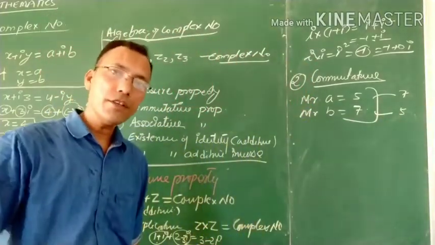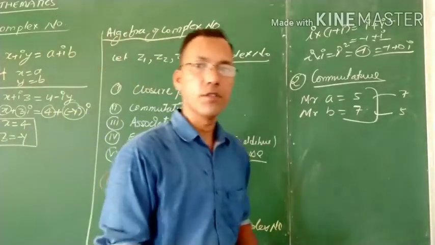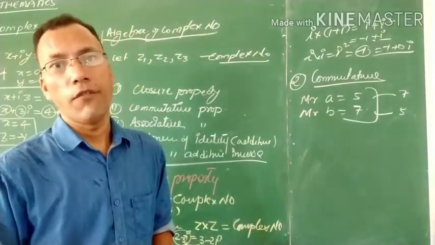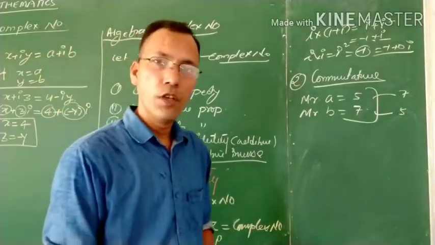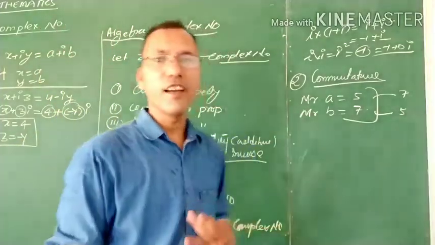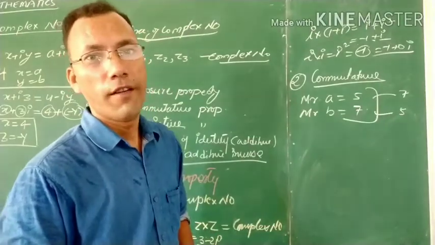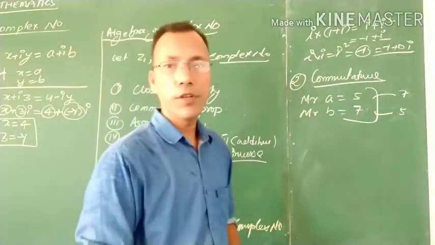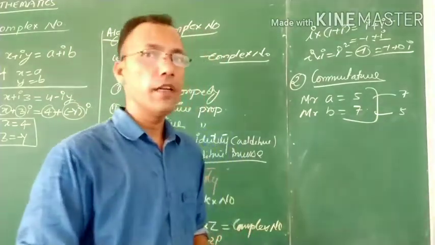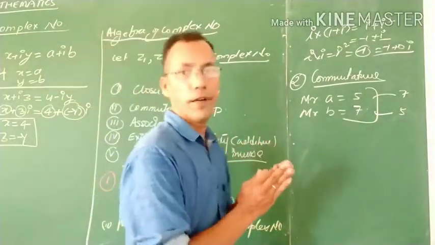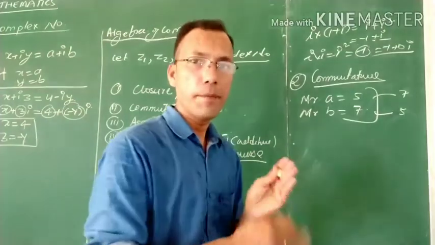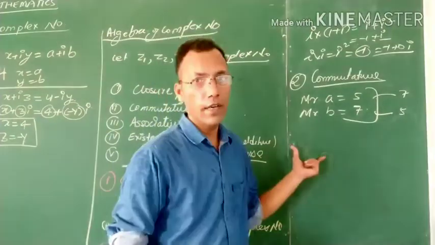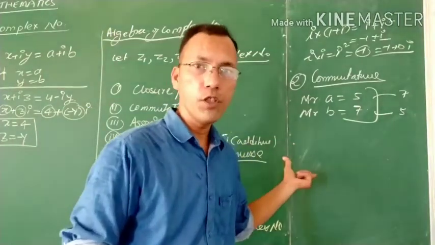If I interchange these roll numbers of Mr. A and Mr. B, what will happen? Whether their identity will be changed, their face will be changed, their haircut will be changed? No. Right? That means if I interchange these two numbers, I am talking about the order, and if it does not change, then the commutative property holds.